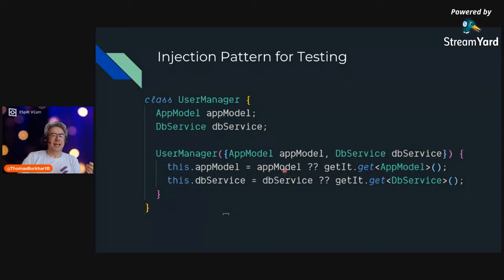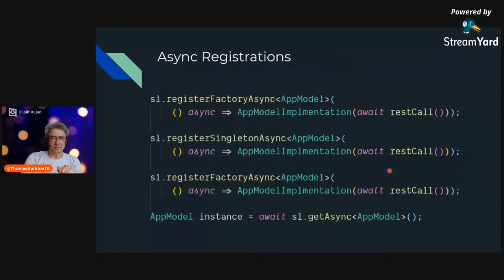Then, depending on whether they are passed in or not, you access the registered object inside GetIt. So when you are writing a unit test, you can pass in your mock objects directly, and then they are not accessed inside GetIt. But that's just a possibility. You don't have to do this.